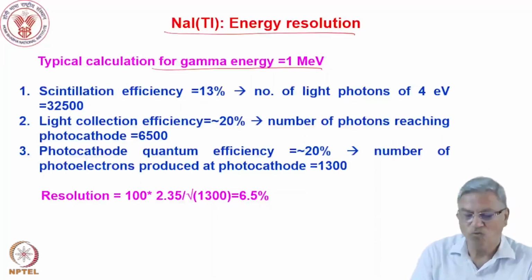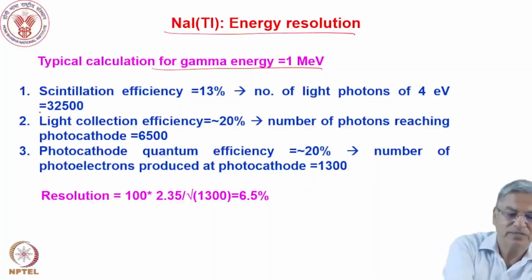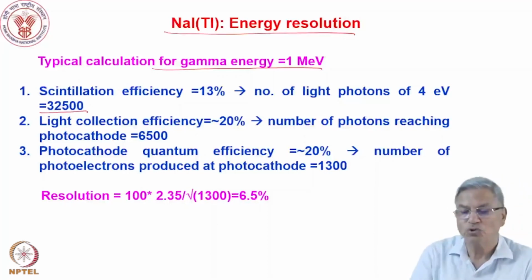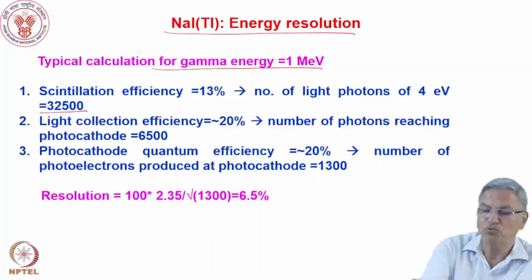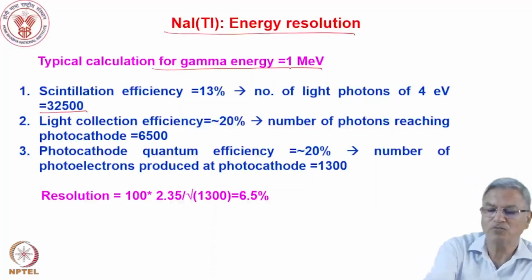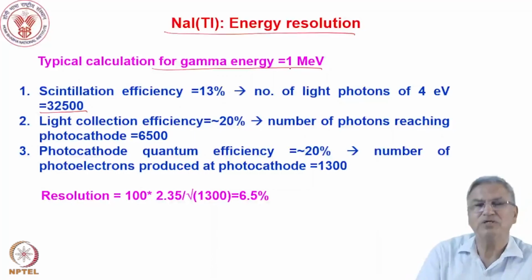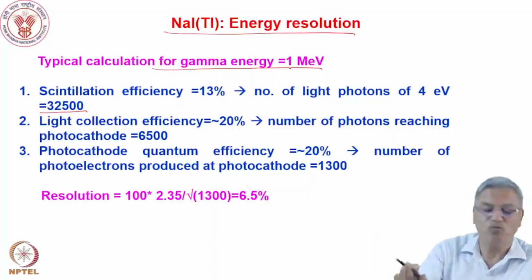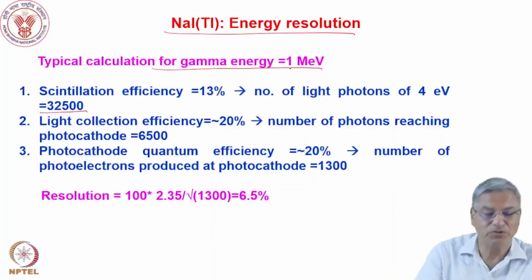If 4 eV is the energy of each photon, then you can calculate how many photons will be produced. You will have 32,500 photons of 4 eV, since 32,500 times 4 is 130,000 eV, that is, 130 keV. So 130 keV divided by 4 eV gives 32,500.